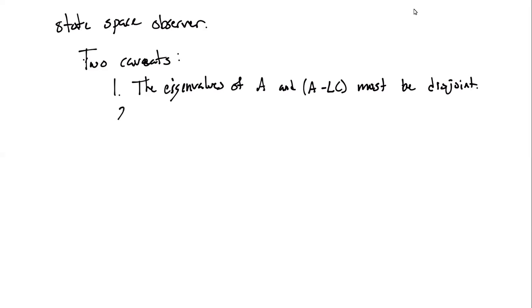Two, the system must be observable. So that means that the observability matrix must be what?